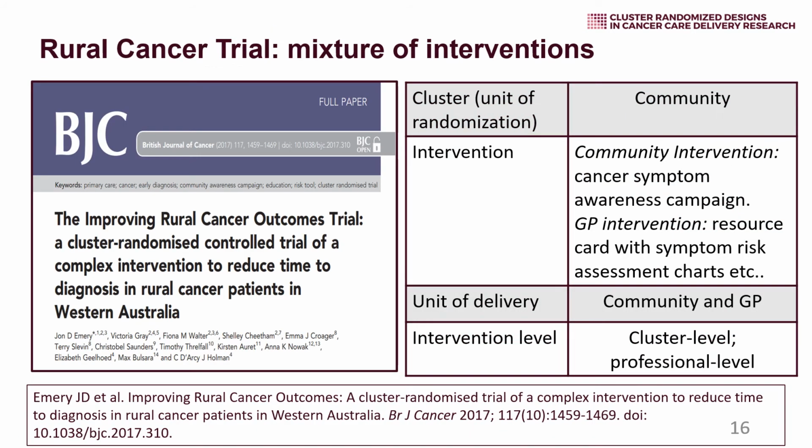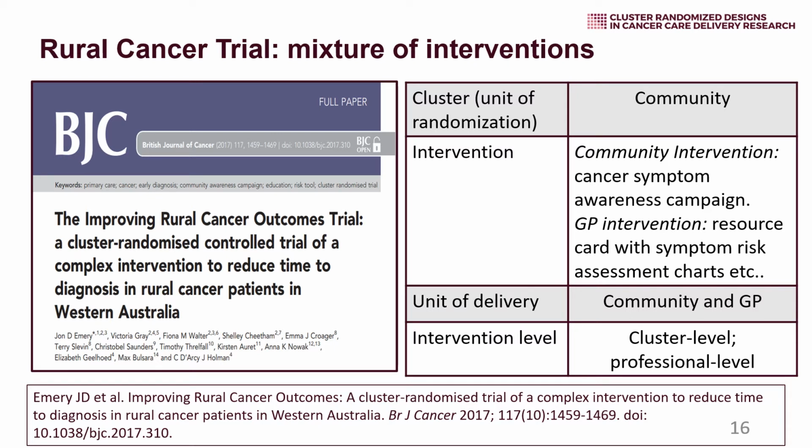And our final example is what's known as the rural cancer trial. And this is an example of a study that was evaluating a mixture of interventions targeting different levels. So in this trial, the unit of randomization, that is the cluster, was a whole community. And the intervention was multifaceted. It had a set of community level interventions, and these included things such as cancer symptoms awareness campaigns.